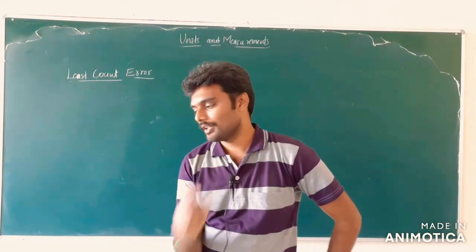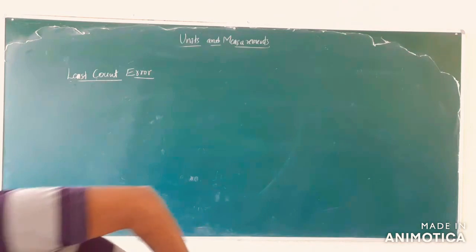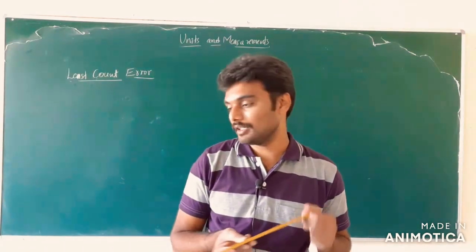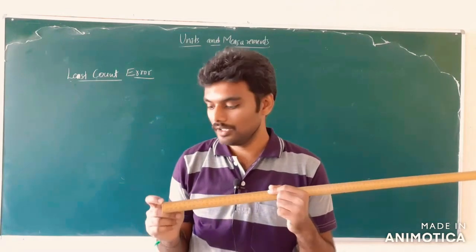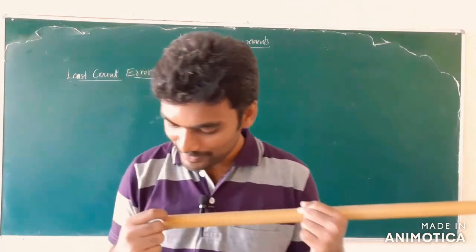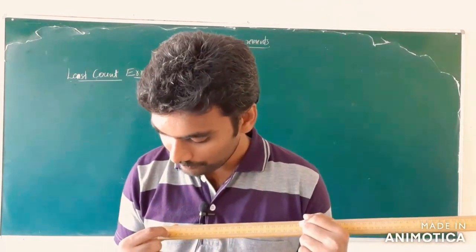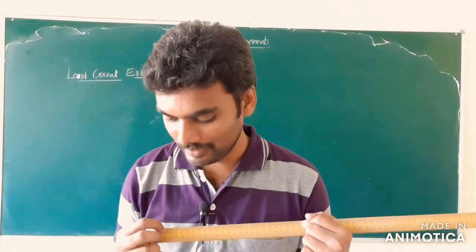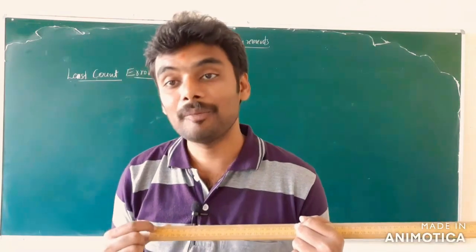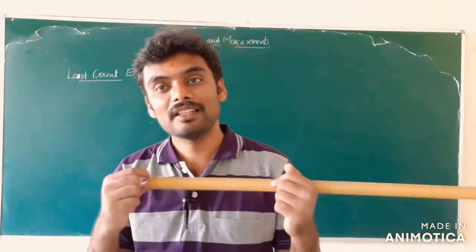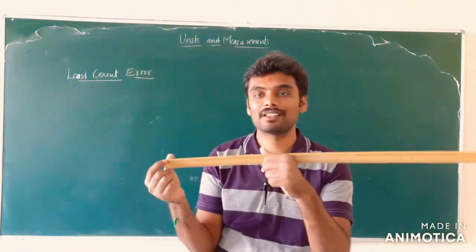See, if I have this scale, this scale has the same least count as your regular scale. In between 1 centimeter and 2 centimeters, I have millimeters again. So I can count 0.1 centimeter, which is the least possible count using this scale.